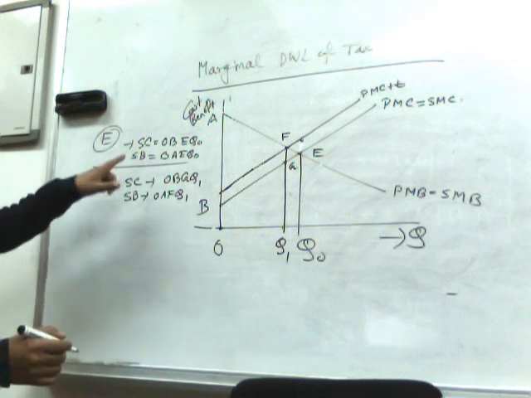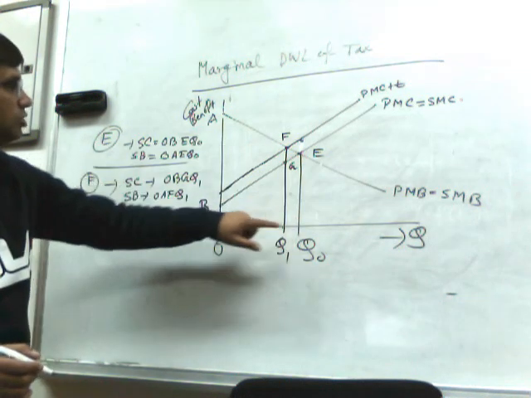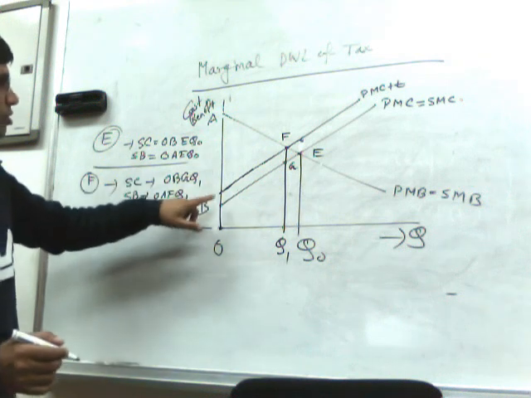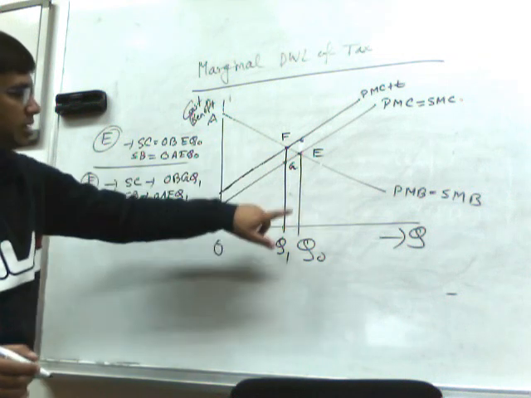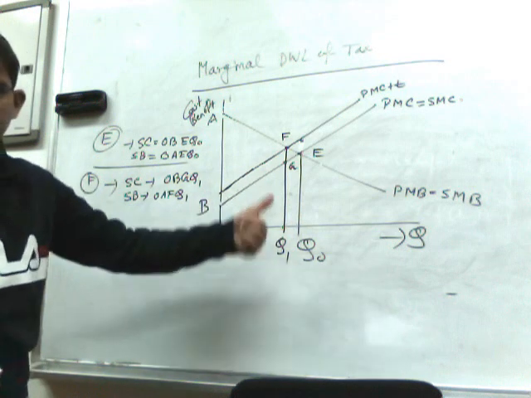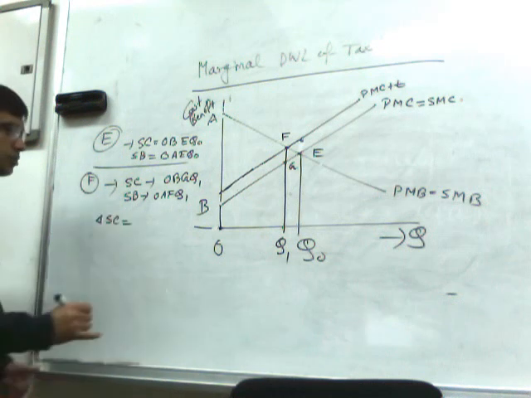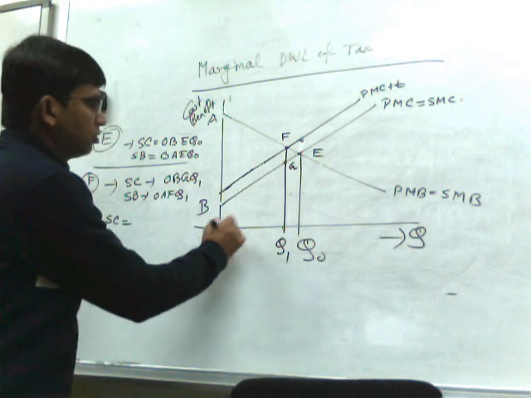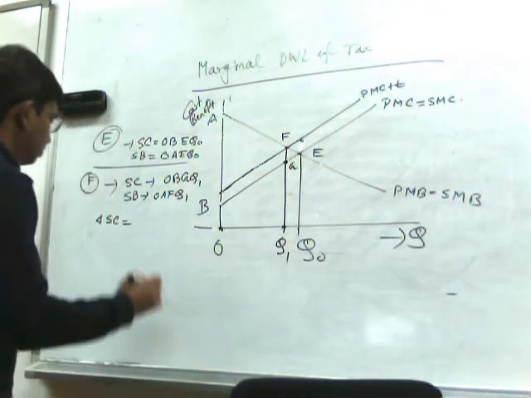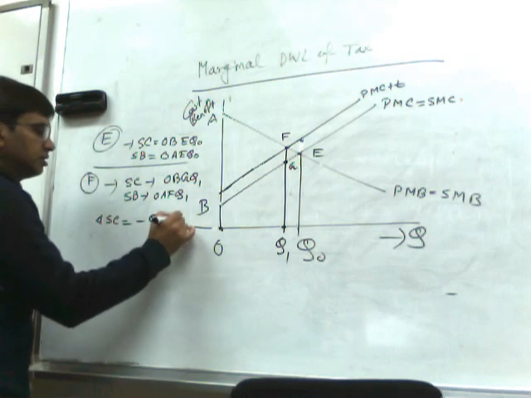If we compare the social cost OBEQ0 and the quadrangle OBGQ1, the decline in social cost is minus Q1GEQ0.